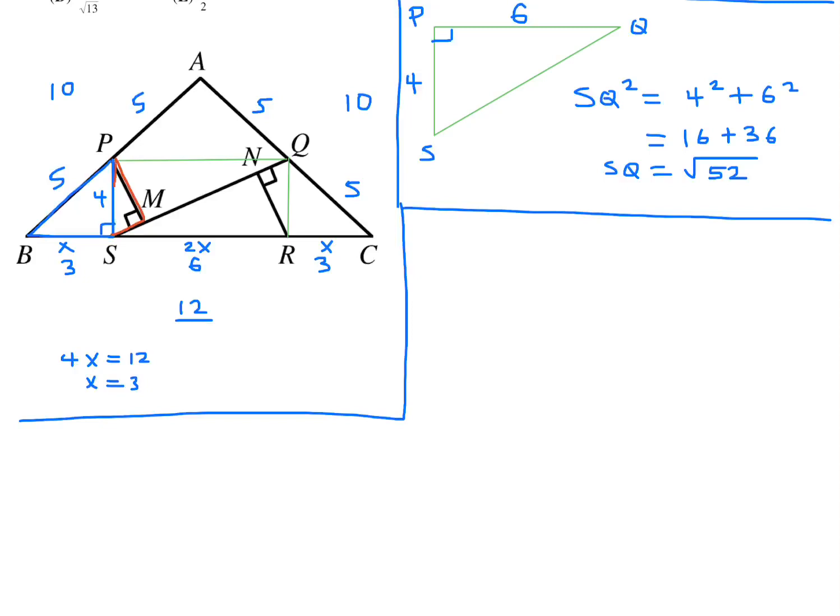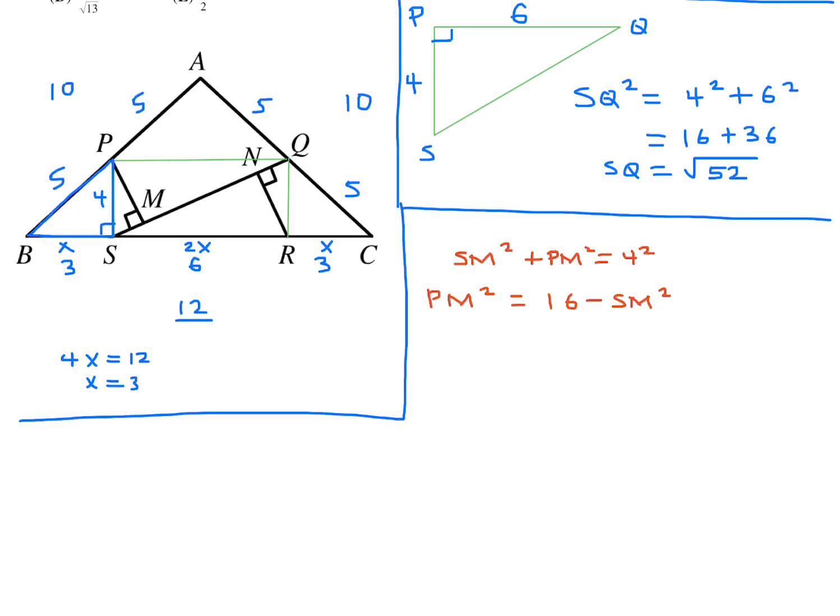In that triangle, we have SM squared plus PM squared is equal to 4 squared, correct? I want you to be convinced of that. So that means PM squared is equal to 16 minus SM squared. Okay? Strictly from Pythagoras, no tricks.